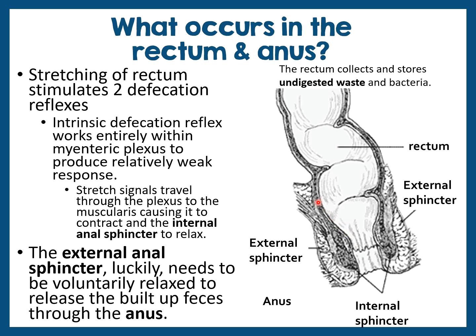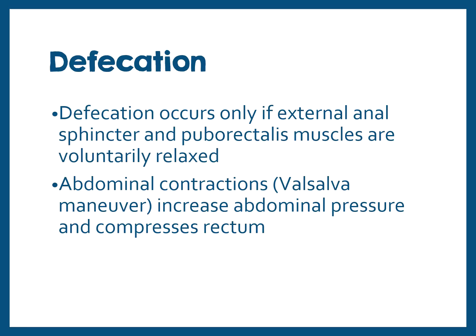If we pull on these muscles here, it's going to open up that internal sphincter. But luckily, we still have this external sphincter, right? That's made out of skeletal muscle, and that has to be voluntarily relaxed in order to release the built-up feces through the anus. And so defecation is only going to occur if both the external anal sphincter and those puborectalis muscles are voluntarily relaxed.